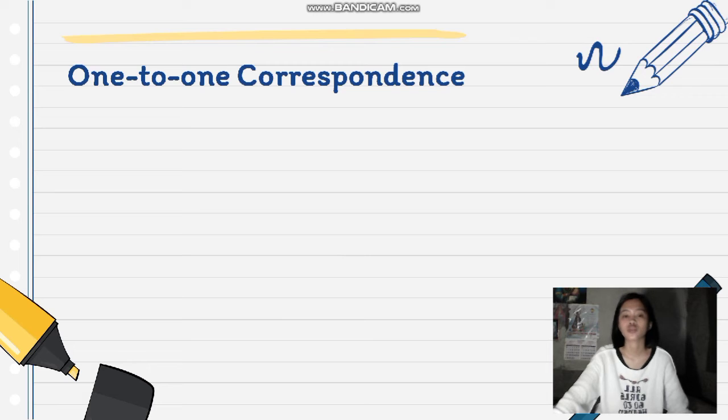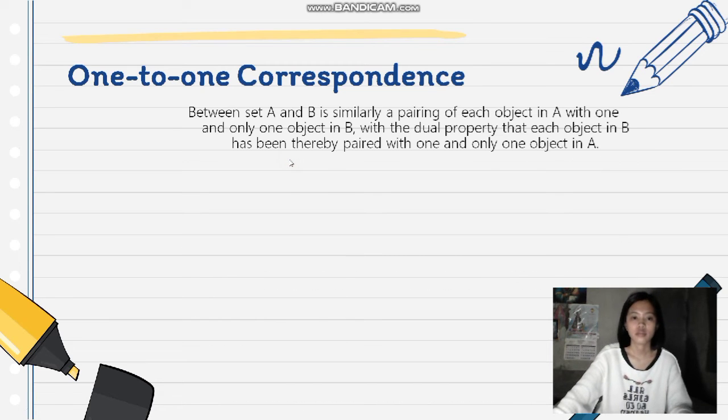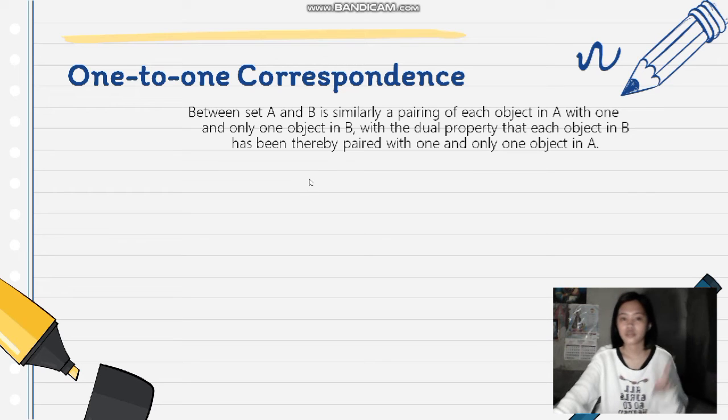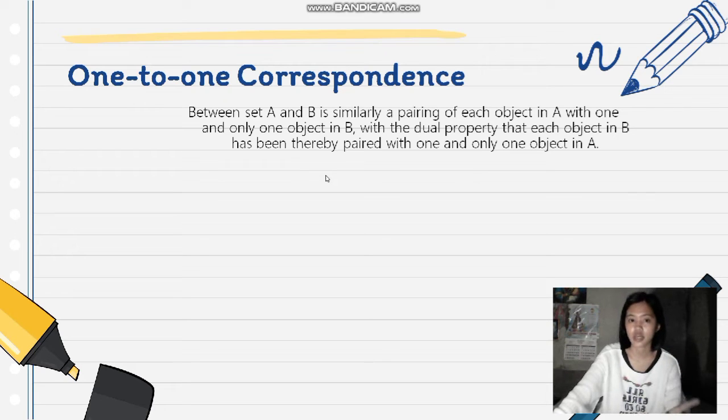So, one-to-one muna tayo. Between set A and B is similarly appearing to each object in A with one and only one object in B, with the dual property that each object in B has been thereby paired with one and only one object in A. So, one-to-one, from the word itself, kinokonek siya sa isa. Parang isa sa isa lang dapat.